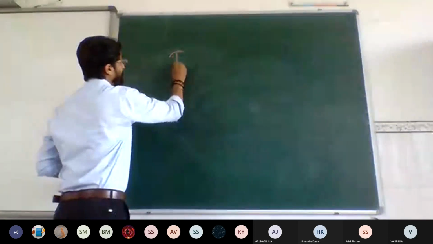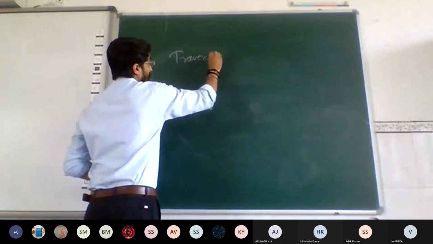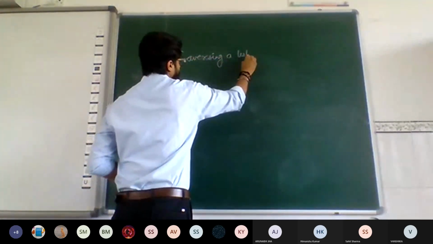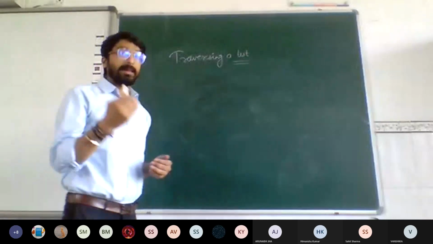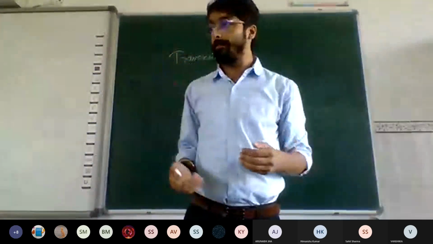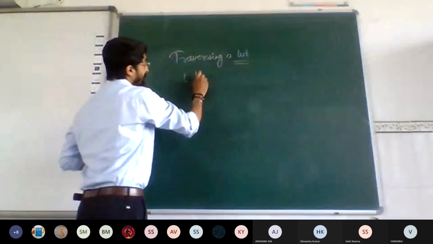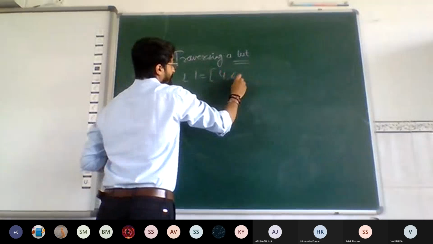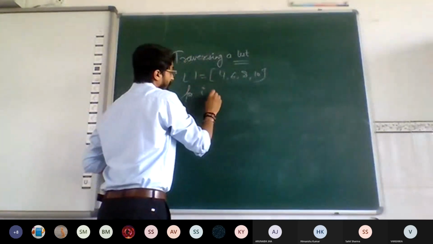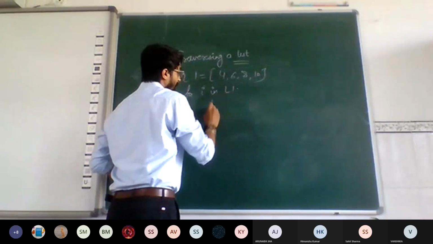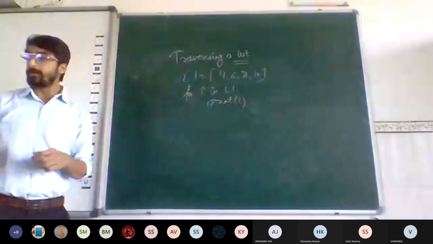Traversing a list. Traversing means what? Traversing means accessing elements of a list one by one. So suppose I have a list, and I have written for I in L1, then print I. What is it going to do?